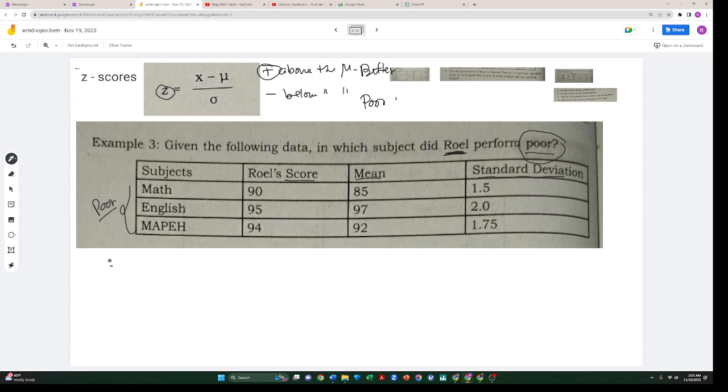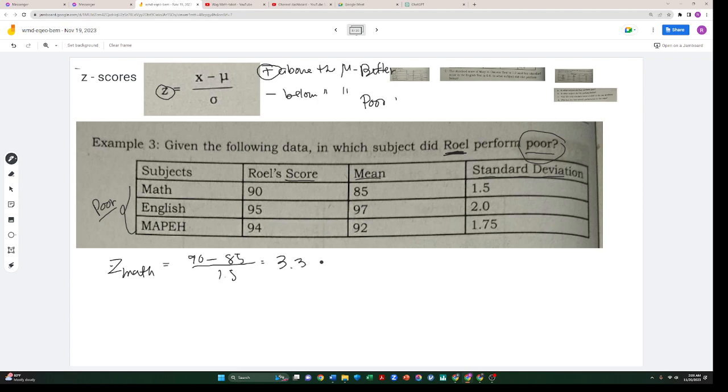So, for math, Z-math, which is 90 minus 85 divided by 1.5, which is 3.33.